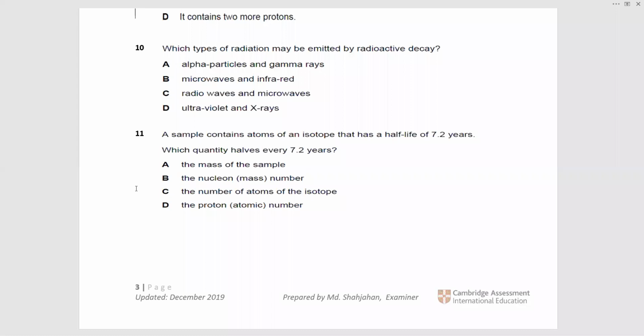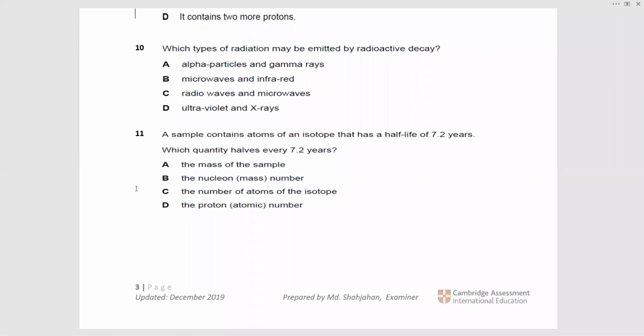If it's emitting alpha particles, then its mass number is changed by 4, it's not becoming half. So we cannot say it. But the number of atoms or the mass of the isotope, if it is saying this way, then we will choose that option.